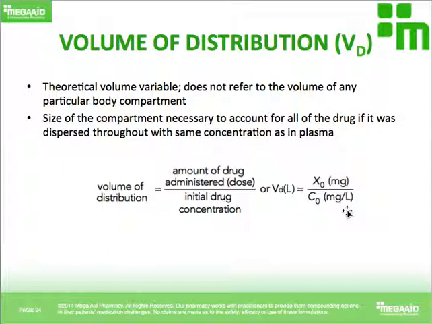That gives us the volume of distribution. And understand, like I said, that volume of distribution represents the size of the compartment that would be necessary to account for all of the drug as if it was distributed at the same concentration as it is in plasma.